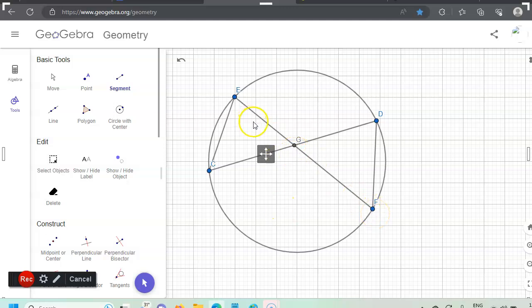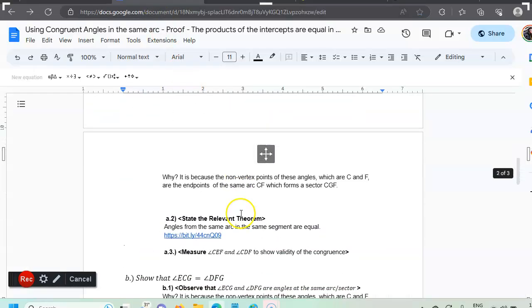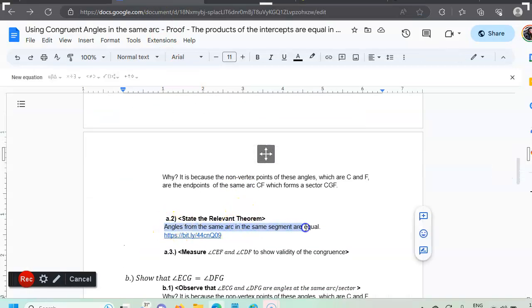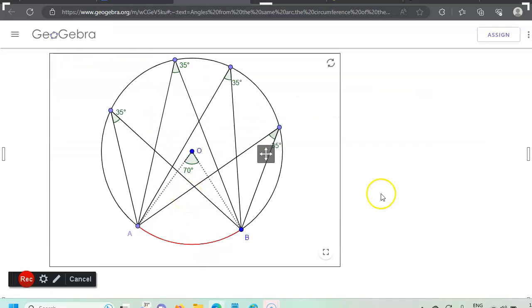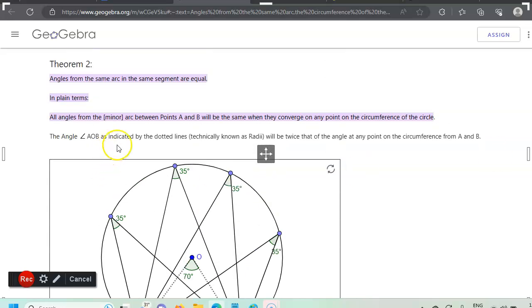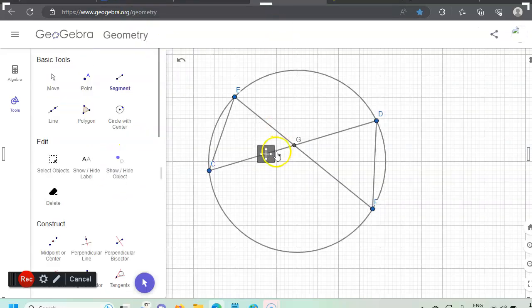So we can then use the theorem that angles from the same arc in the same segment are equal. Right, so we have a GeoGebra build to illustrate that further. Again, we have shown that angle E and angle D are equal because they are angles in the same arc, in the same sector.